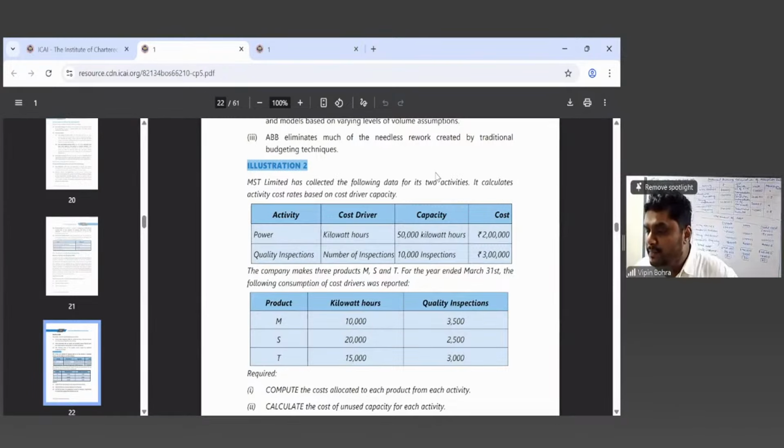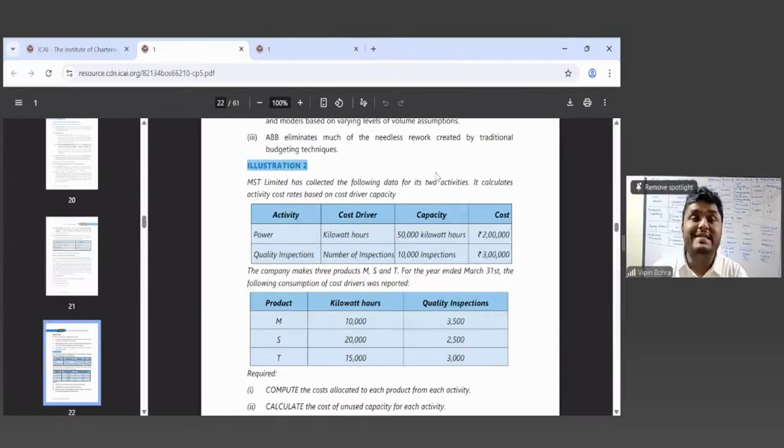Now the next part, the company makes 3 products, M, S, and T, for the year ending 31st March. And the following consumption of cost driver was reported, wherein it is given separately for M, S, and T. But very important, guys, see, M is 10,000, S is 20,000 kilowatt hours, and T is 15,000 kilowatt hours.